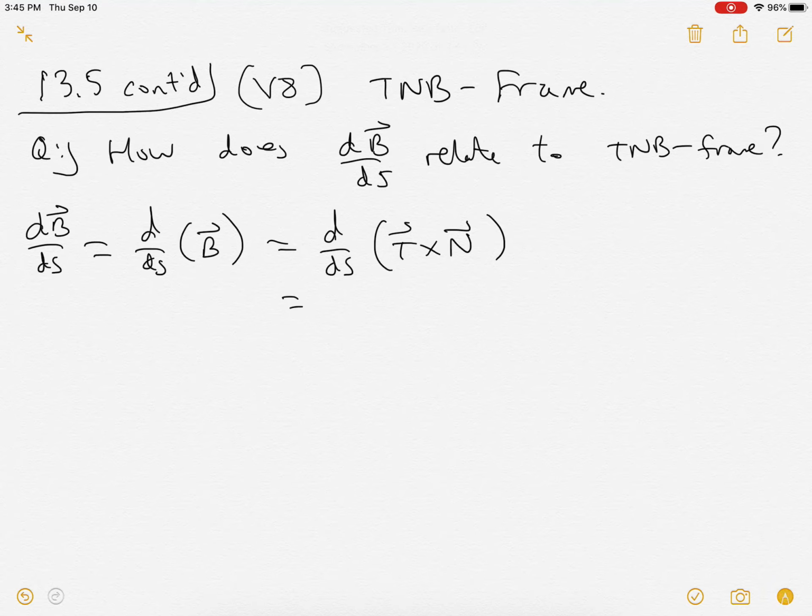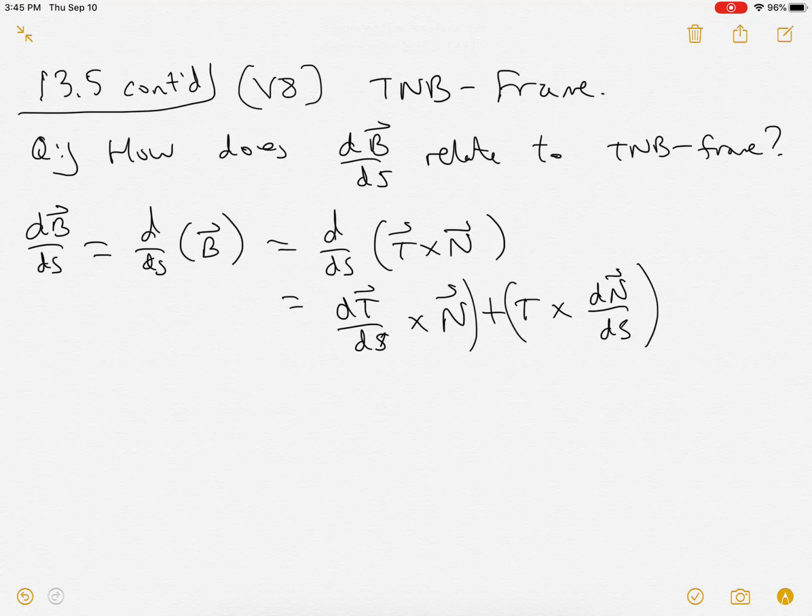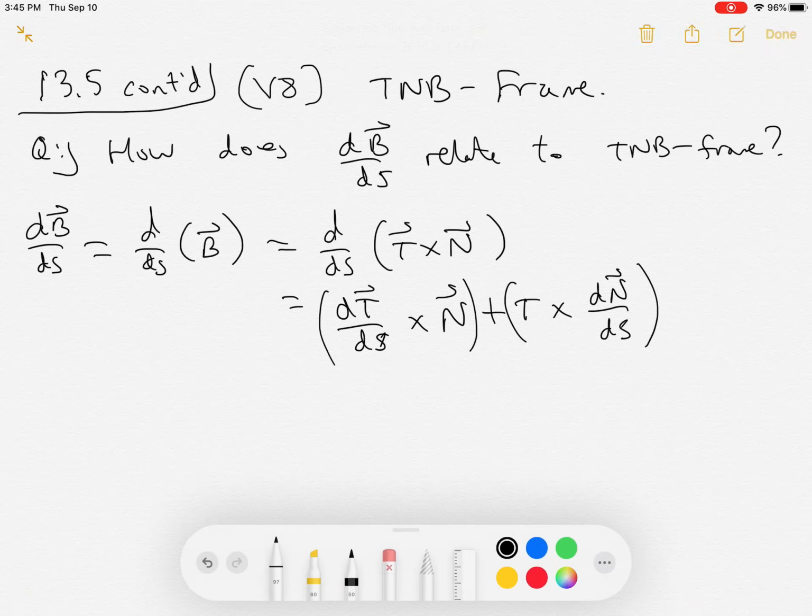And when you use those properties, it's dT/ds cross N plus T cross dN/ds. Right, so we've used the rules of cross products, which looks like the product rule.